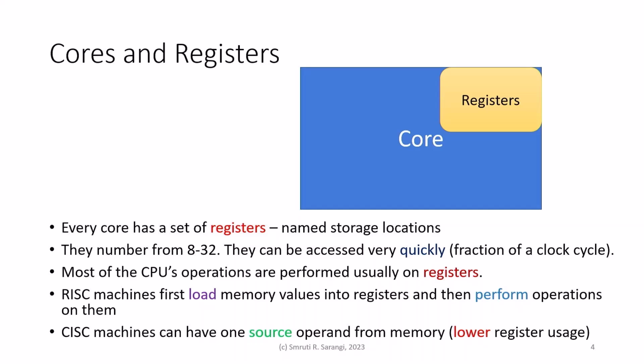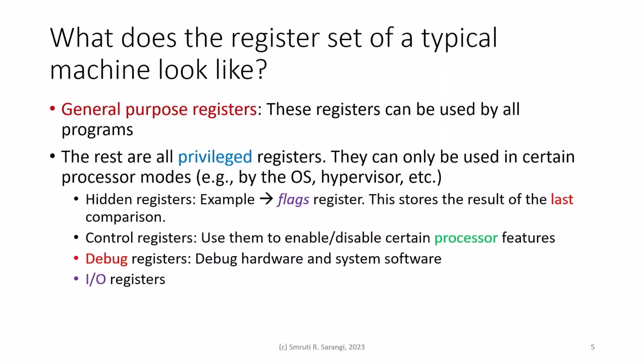So they use more registers, and CISC ISAs use fewer registers. RISC machines would first load a memory value and then work on it, as opposed to CISC machines that will directly work on a memory value. That is why RISC machines also need more registers as opposed to CISC. This we have seen, and this is covered in a regular computer architecture class.